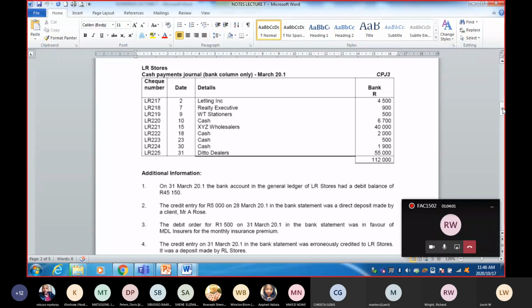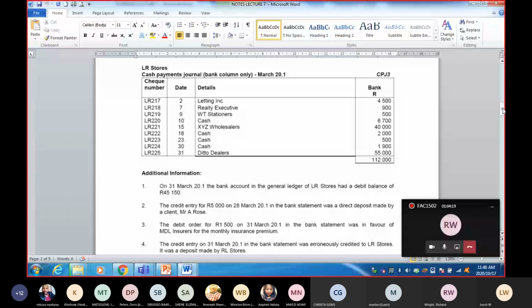The next check is an amount of 40,000 rand for check number 221. That check is there. The next check for 2,000 rand for check number 222 is on our bank statement. And we have issued on the 23rd a check for 500 rand. That was check number 223.